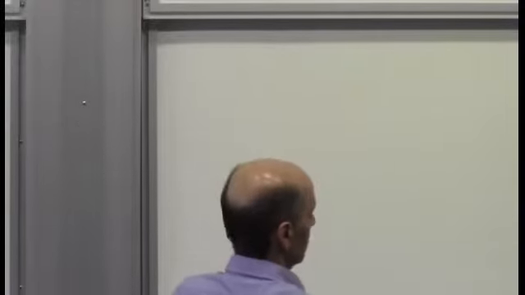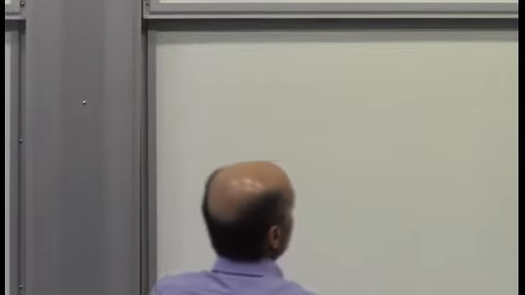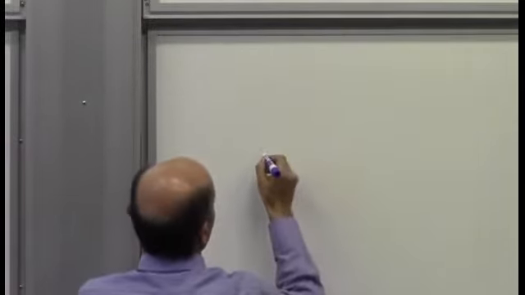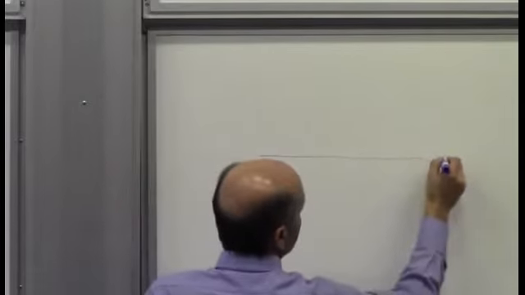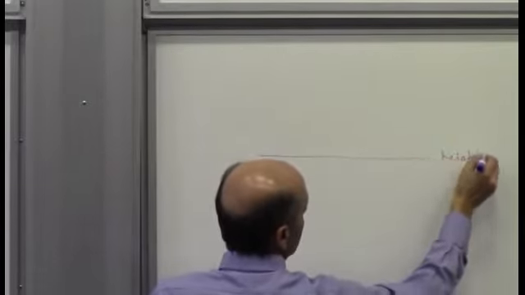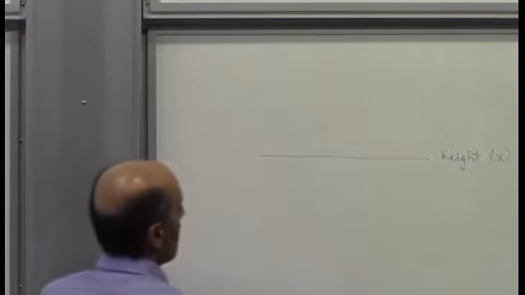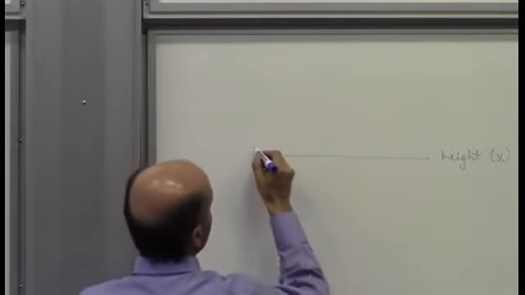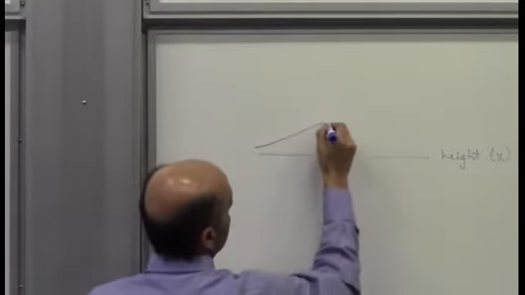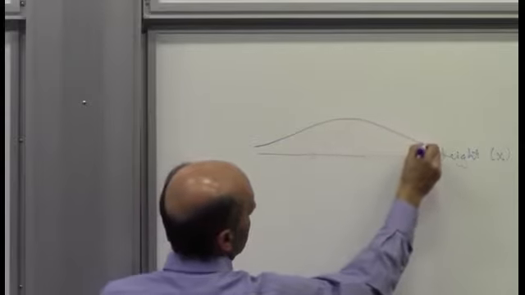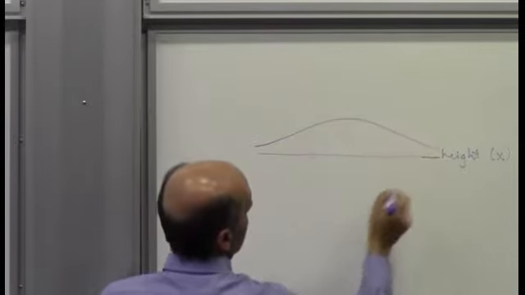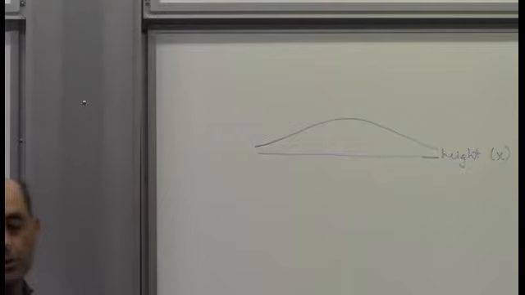Let's consider when the variances are unequal. Suppose my prior probability and my likelihoods look like this. Here's my height, that's x, the x variable. Suppose for the males I have some really wide distribution in height.